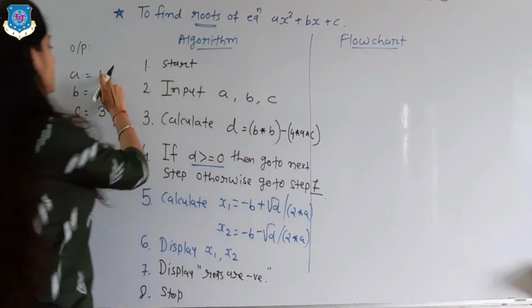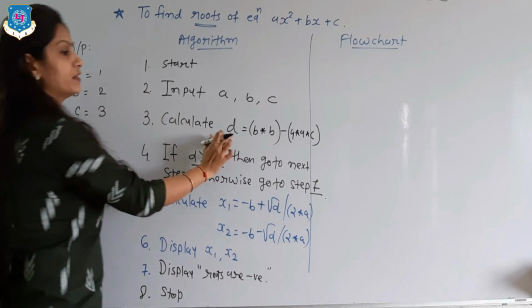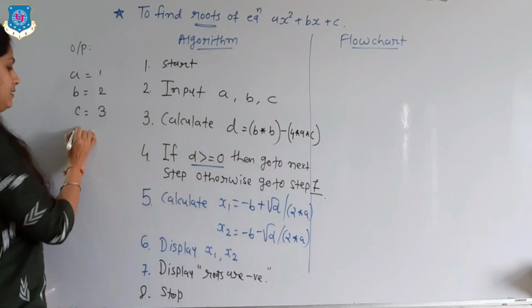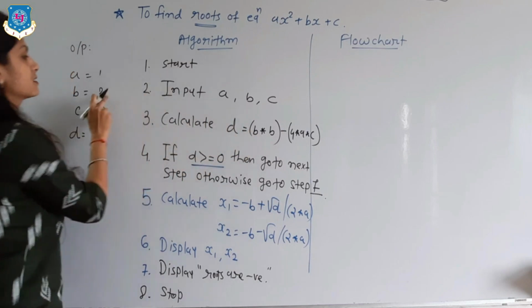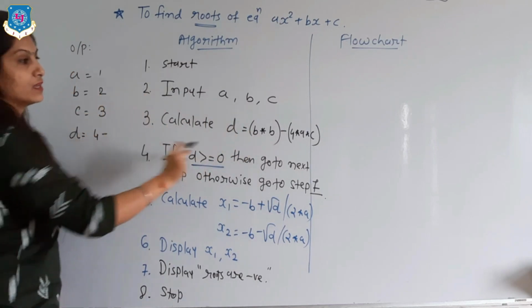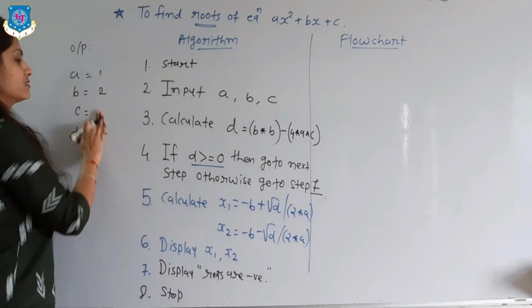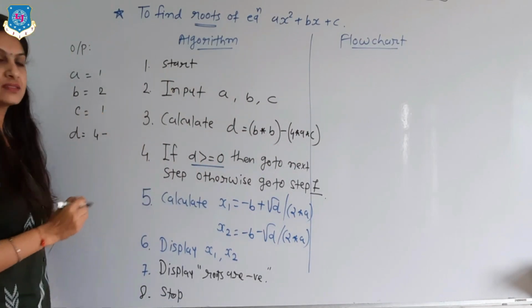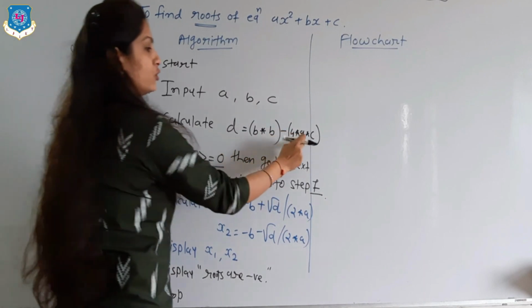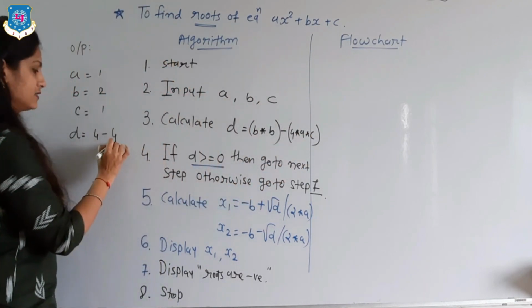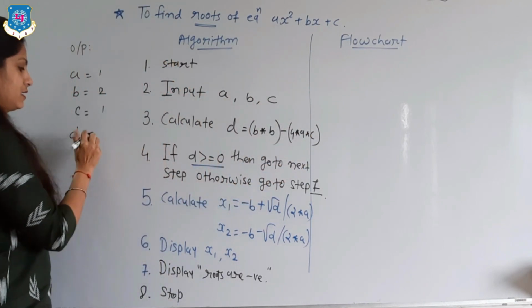Input A, B, C, that is 1, 2 and 3. Now find the delta. Delta B square, that is 4, minus 4 into 1 into 3. But instead of 3, now simply let's take example 1. Then 4 into 1 into 1, that is minus 4. So our delta becomes 0.